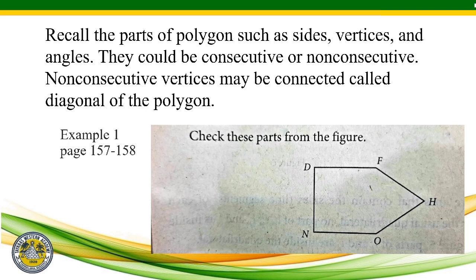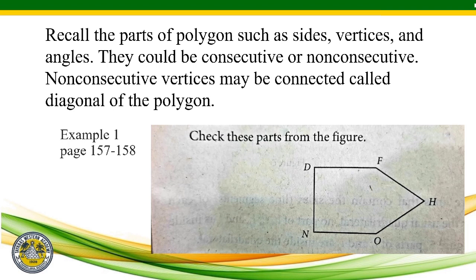Let us use this example 1, wherein we are going to check the parts from the given figure, polygon DFHON. You are going to find the consecutive sides. In this figure, consecutive sides are line segment DF and line segment FH, and there are many other pairs. Non-consecutive sides are line segment DF and line segment HO.